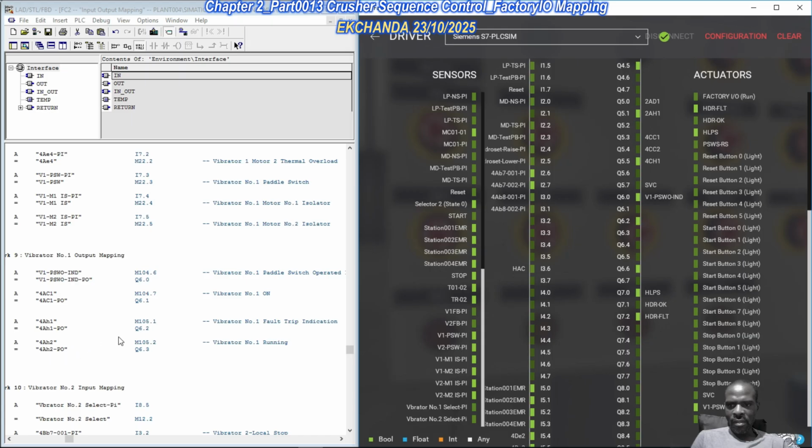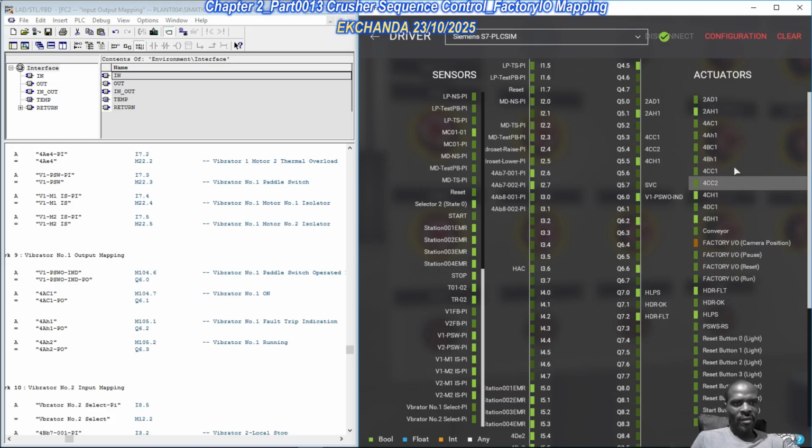And then of course we have 4AC1, which is mapped to Q6.1, like so.